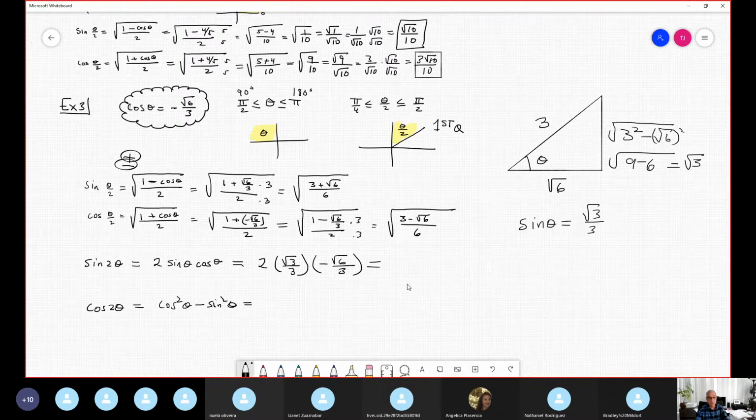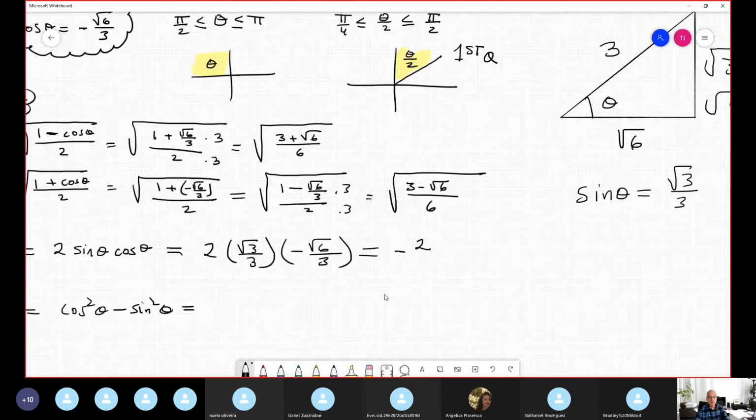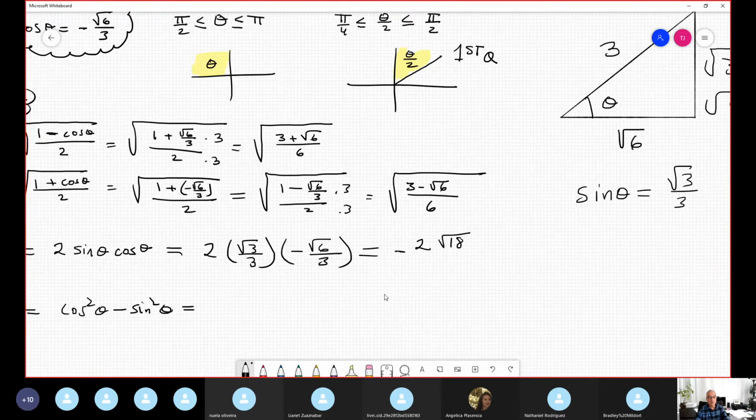And so we have, let me see. Wow, this is 2. This is negative, of course, because positive and negative together is negative. Okay, and this is radical 18, maybe, no? Because 3 times 6 is 18 divided by 9, no? 18, I know que es 2 and 9. And radical 18 is radical 2 and radical 9, que es 3.